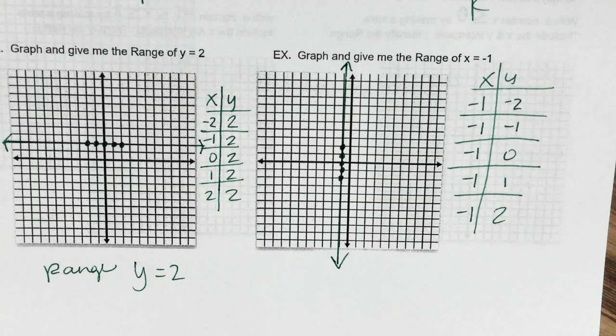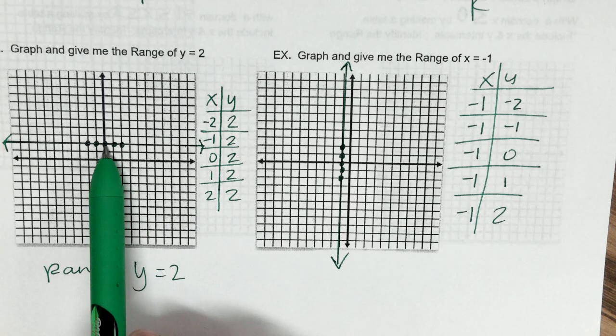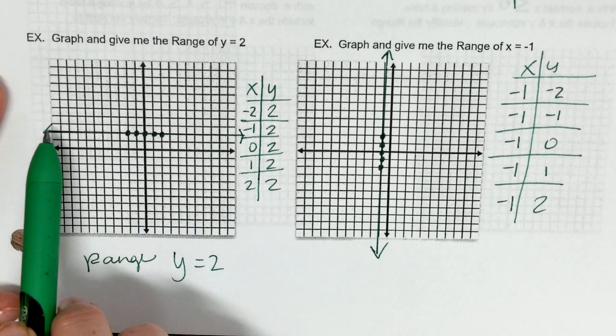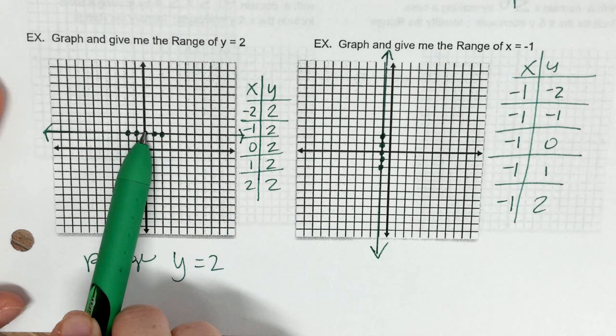There is a trick to graphing these, and I'm going to teach all that. If it says y equals a number, like with no x involved, y equals 5 or y equals 6, it will be a straight line passing through the y-axis at that number. So everybody look, y equals 2, was it a straight line passing through the y-axis at 2?